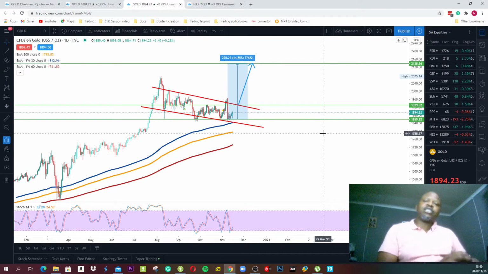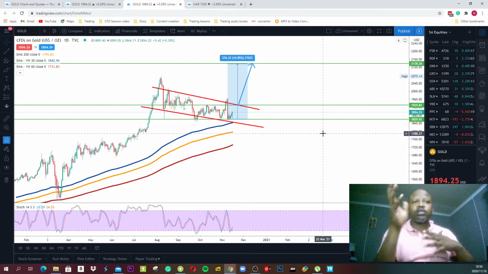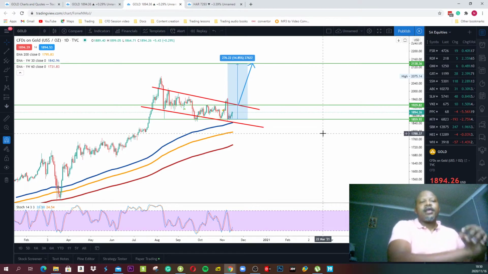But I'm not going to get in just yet. I'm looking for that break above the 1930 rand level on gold, and for the trading setups to confirm on the gold mining stocks. So once we break above the 1930 rand level on gold, I'll be readying myself into taking long positions on the gold miners.